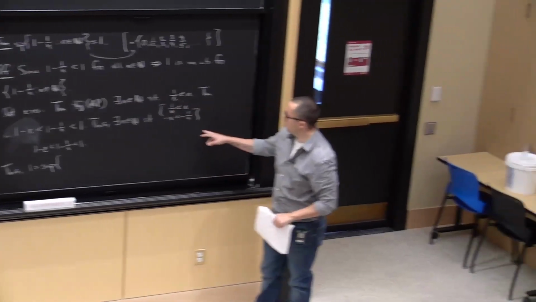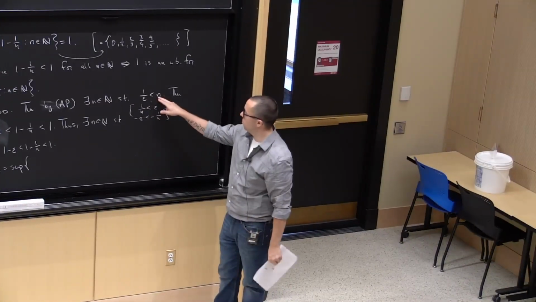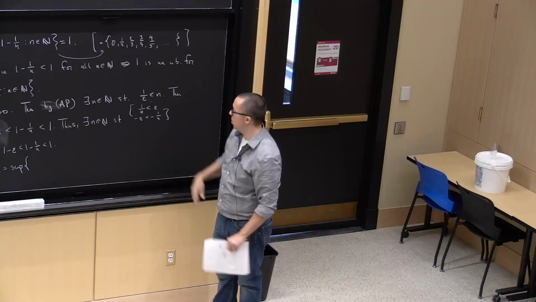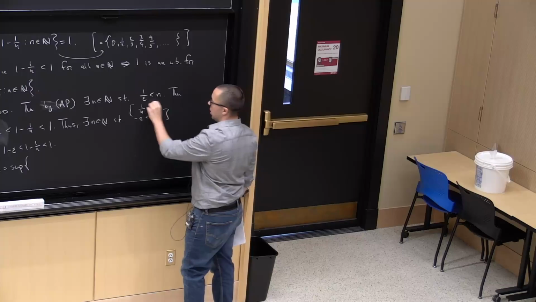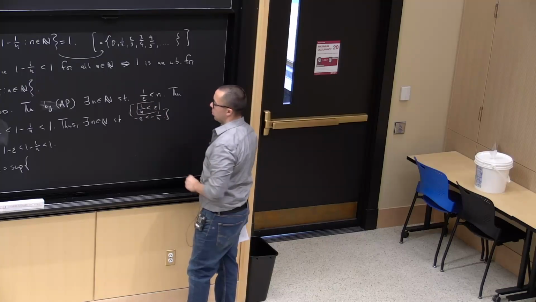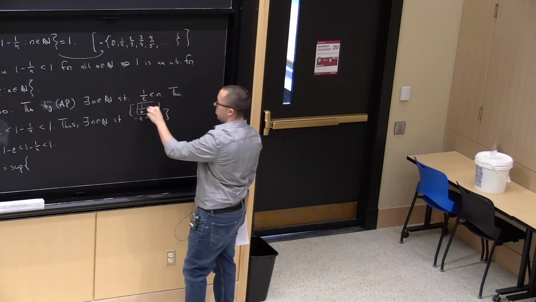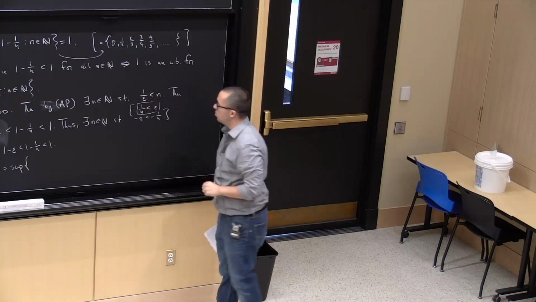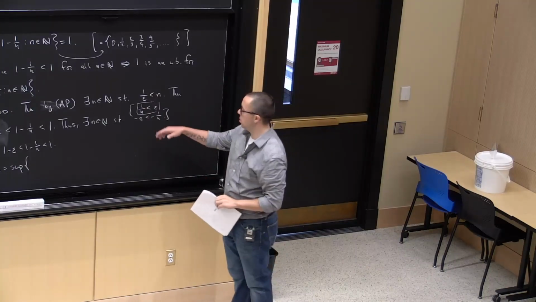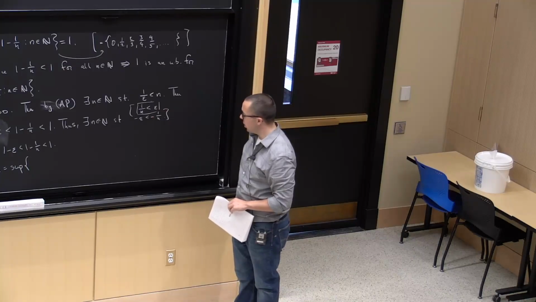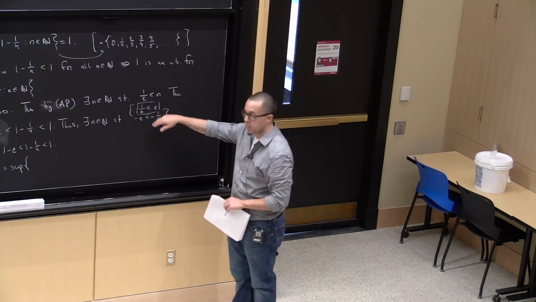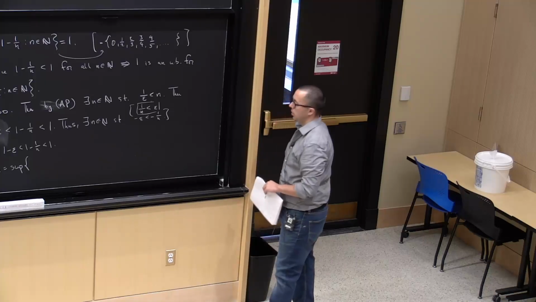That went kind of quick. What I did was I found a natural number n which is bigger than 1 over epsilon. From now on, typically, I won't state it like this. I'll state it more like this, which follows from this. When I make a statement like "choose a natural number so that 1 over n is less than epsilon," that follows from the Archimedean property just by taking 1 over this inequality.